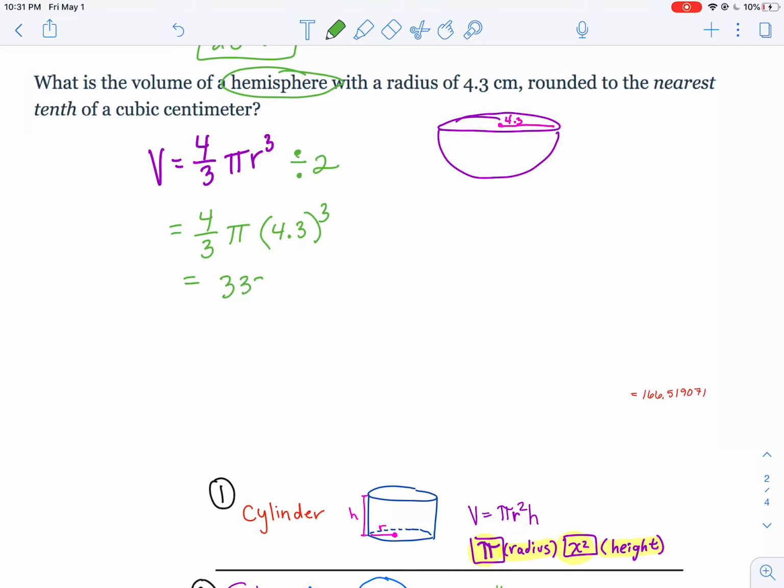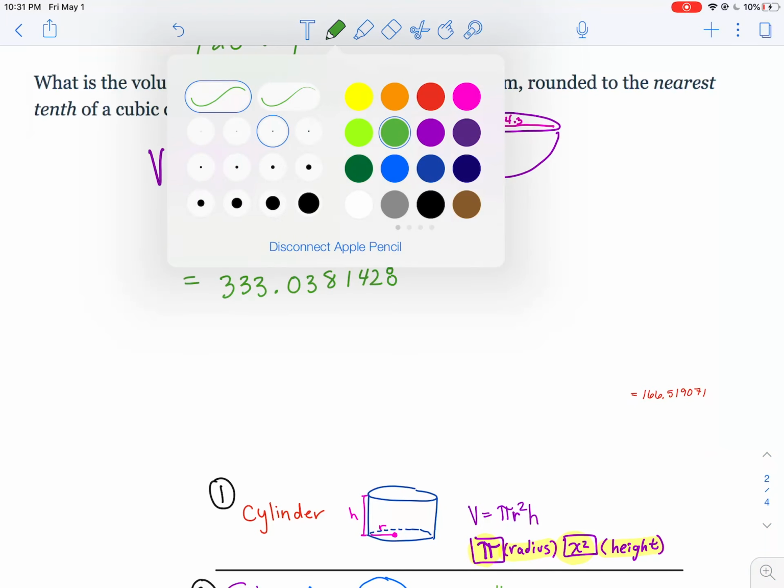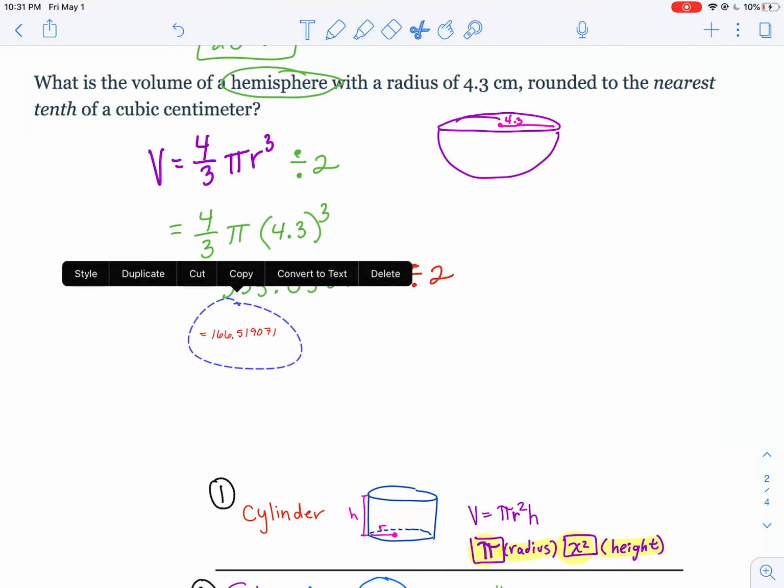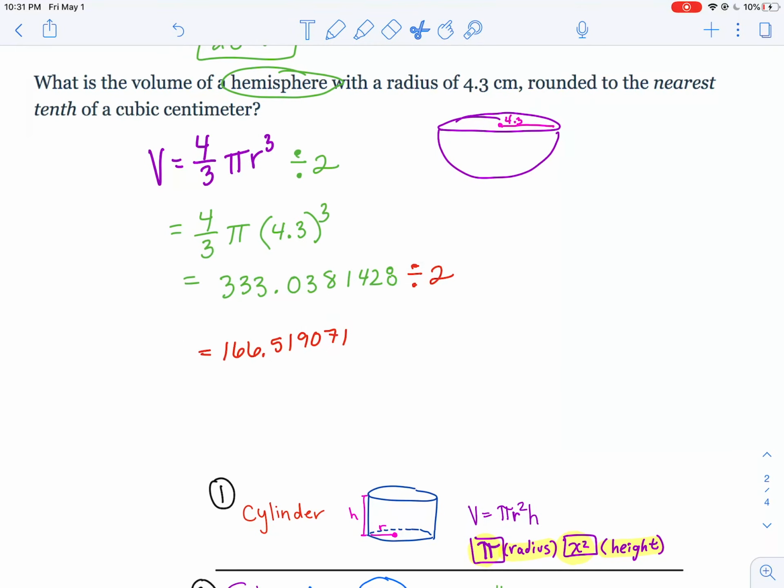When you put that in your calculator, you're going to get 333.0381428. But that's for the whole sphere. We only want half the sphere, so we have to divide that number by 2. And when we do so, we get the following.